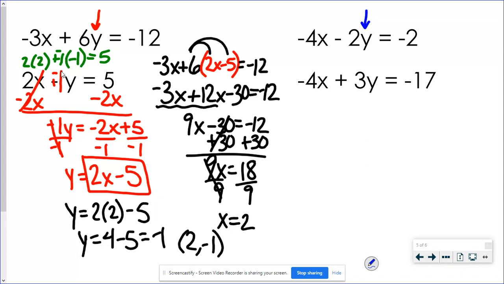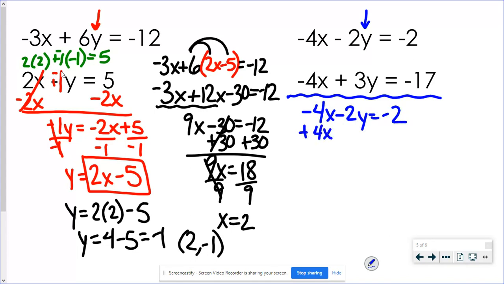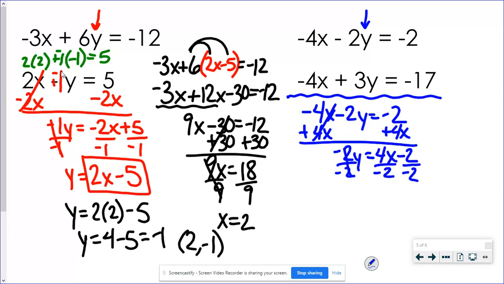So when I get that by itself, let me rewrite that problem right here. -4x minus 2y equals -2. I would add 4x. So I have -2y equals 4x minus 2, and then divide. The y is equal to -2x plus 1.